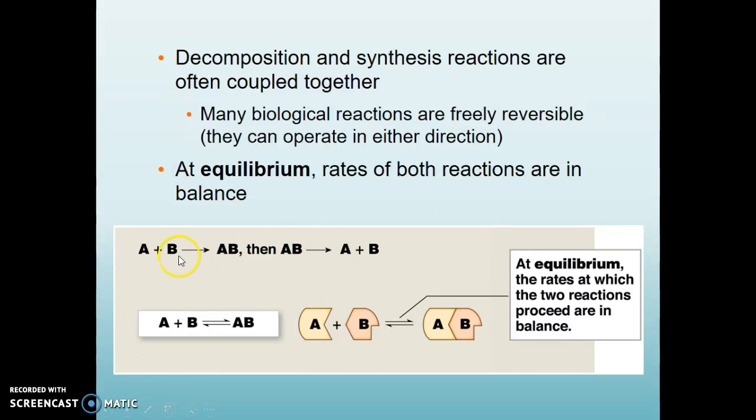So if you see this arrow, A plus B forms AB, the arrow's moving right, or AB forms A plus B, you can just reverse this arrow. At equilibrium, the rates at which both reactions take place is the same.